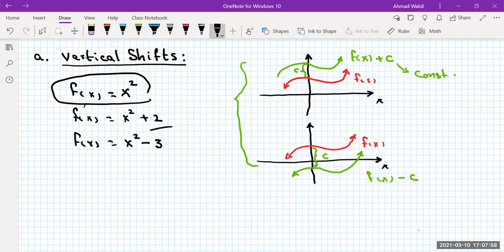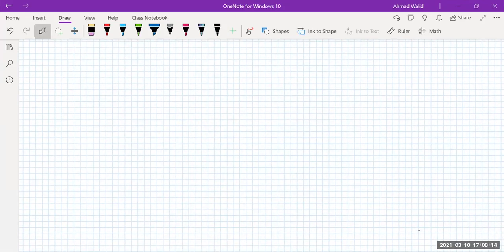You cannot draw immediately this one. I know, why not? Immediately I'll make a table and I'll draw this. No, because you're doing transformation, you have to show the parent graph, right? Let's do examples.